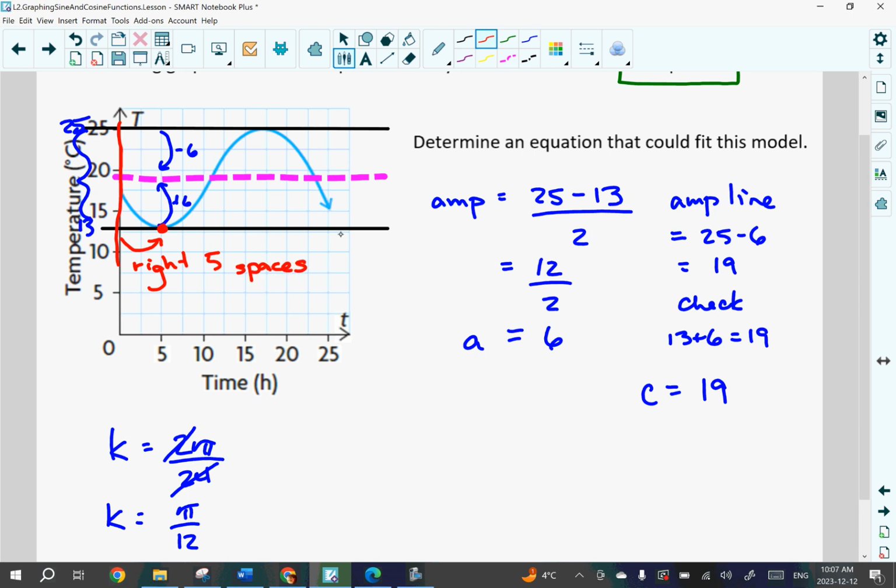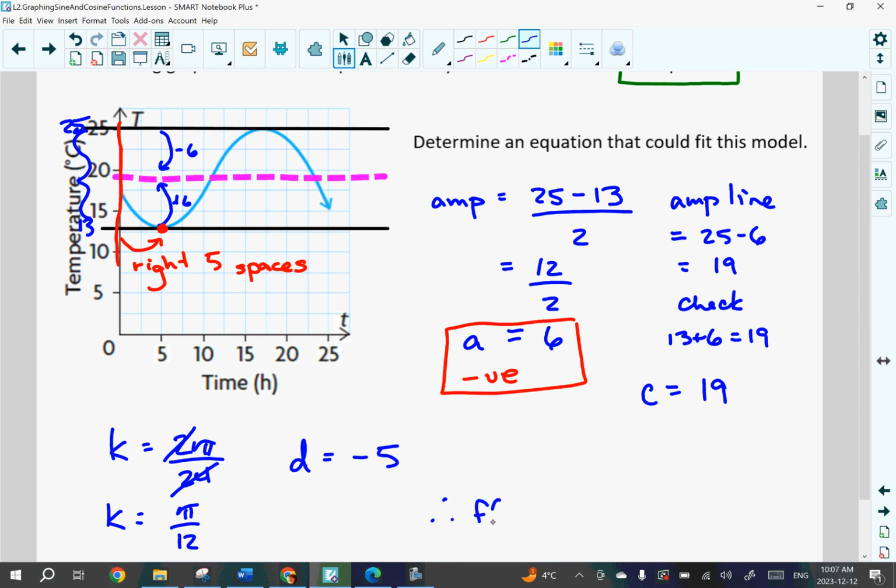So that is a horizontal translation to the right by 5, which would mean our D value is actually -5 because when we put it into the equation, it goes backwards. And our amp has to be negative because we're going to start low.